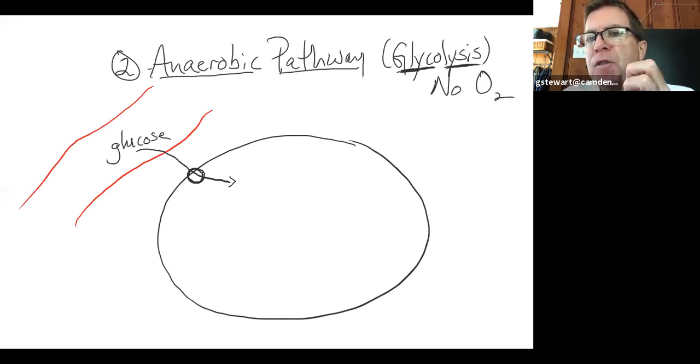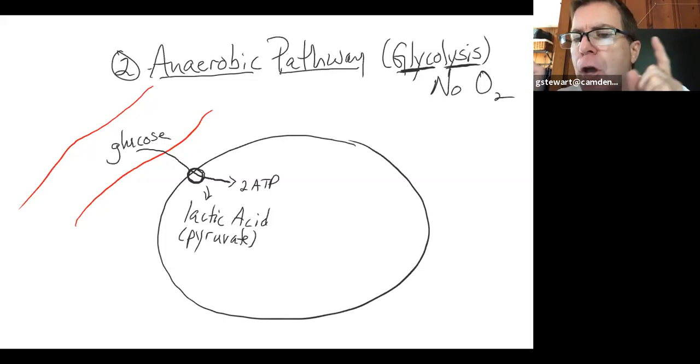What it does is it initiates the beginning of breaking apart this glucose molecule, and it gives off as a byproduct 2 ATP molecules and lactic acid. I'm going to put in parentheses, actually, it's pyruvate that gets converted to lactic acid if there's no oxygen available.